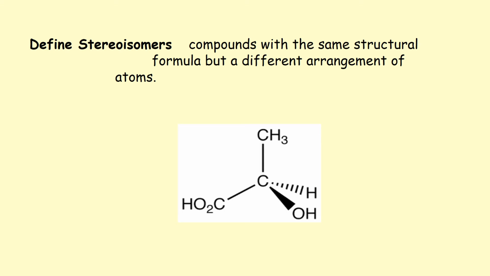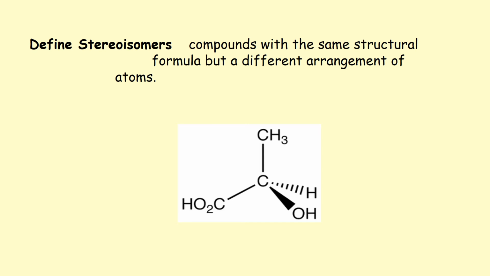Okay, define stereoisomers. Stereoisomers are any compounds with the same structural formula but a different arrangement of atoms. And you can see here, this carbon atom in the middle has 4 different groups attached to it.